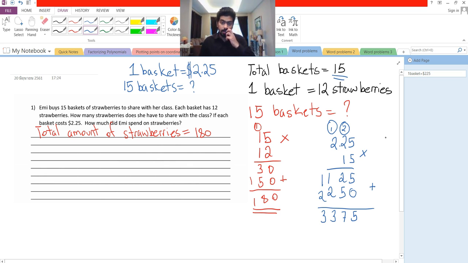Okay, guys, and again, if you take a look at this, we changed the color. On the top one, we got 2 decimal places. On the bottom one, we got 0 decimal places, right? 2 decimal places means 1 and 2. So in the final answer also, we will have 2 decimal places. So it goes 1, 2, and that is the decimal place. So we have found the answer. How much did Emmy spend on strawberries?